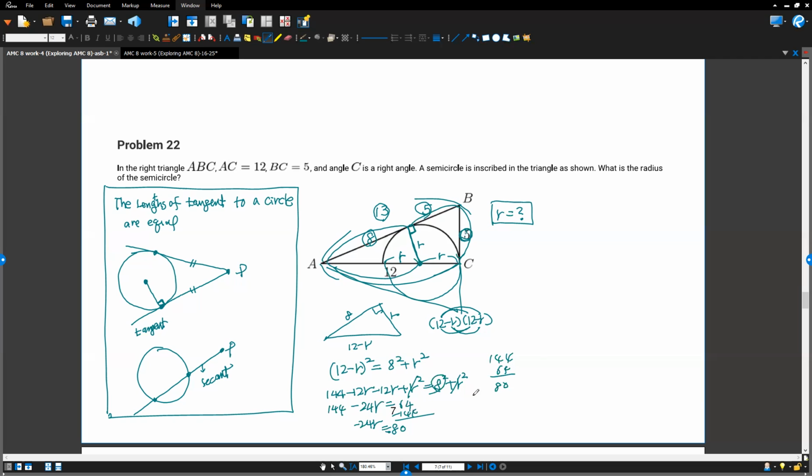So you can divide by negative 4. R equals 80 over 24, positive. Divide by 8, and that is 10 over 3. That is the value. But if you know this one, this is fine.